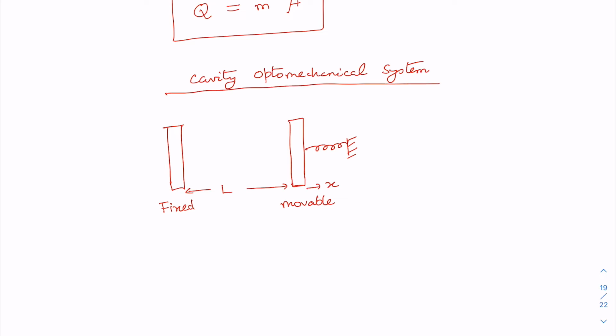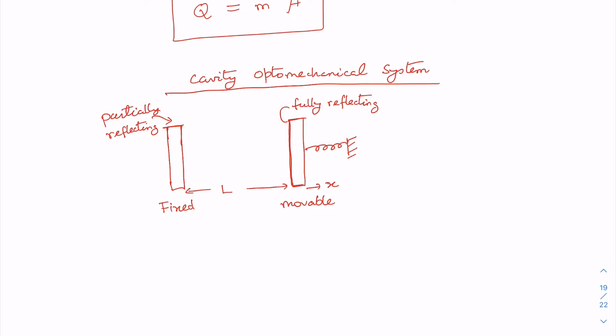One of the mirrors, let us say this one, is fully reflecting, and this particular mirror is partially reflecting or transmitting, so that light can enter into the cavity.